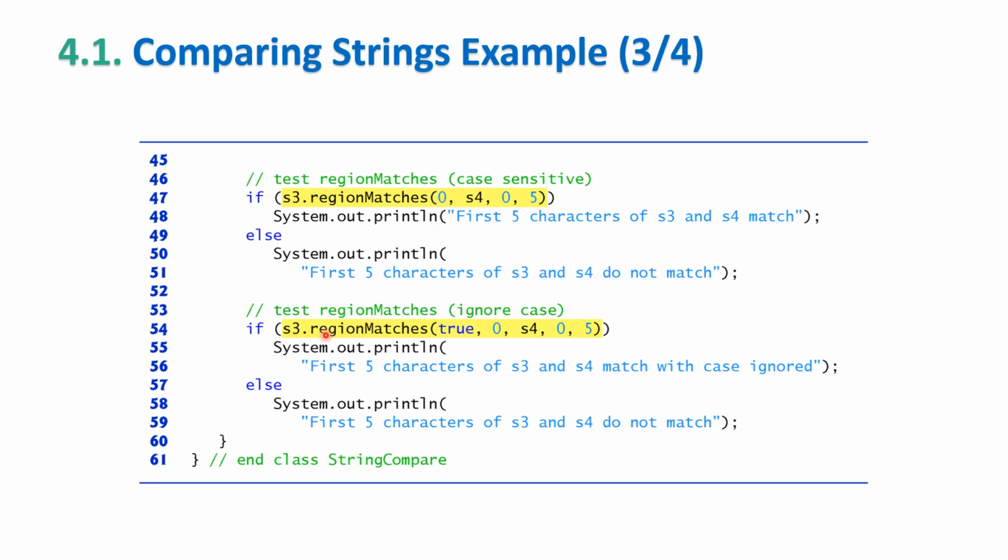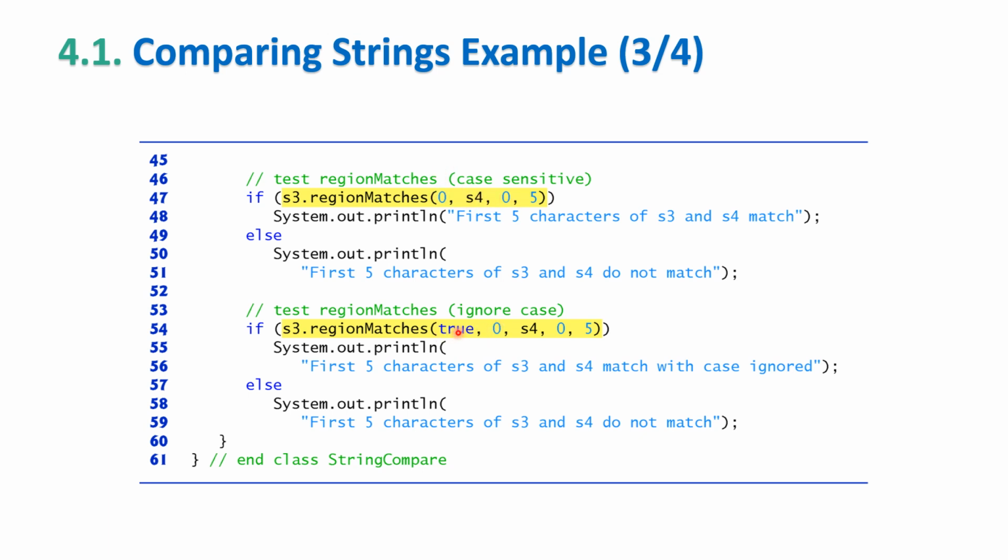The second call to the method regionMatches uses the 5-argument version, where the first argument is a Boolean value indicating whether the case is ignored or not. The remaining arguments are the same as the arguments in the 4-argument version.